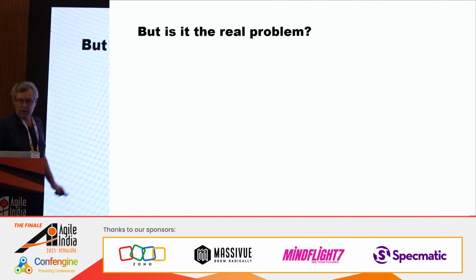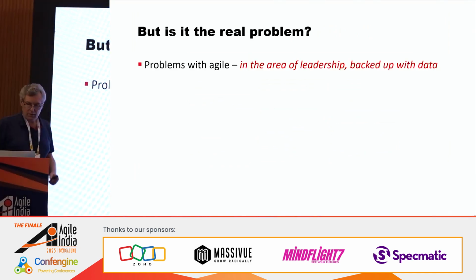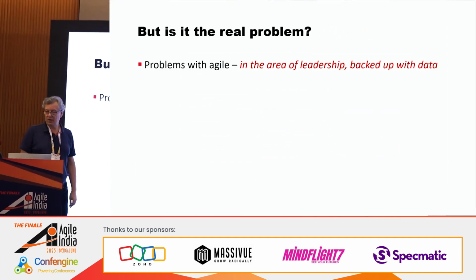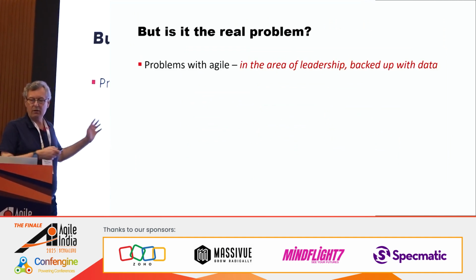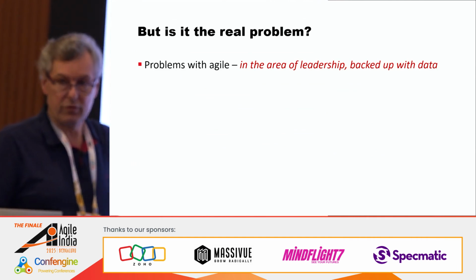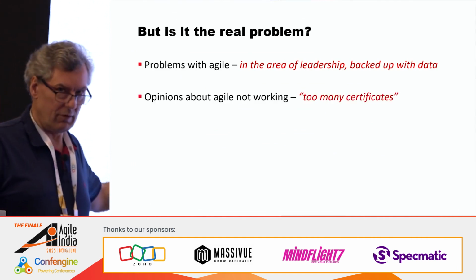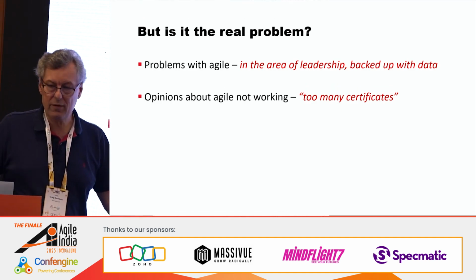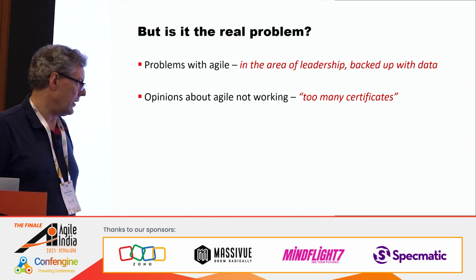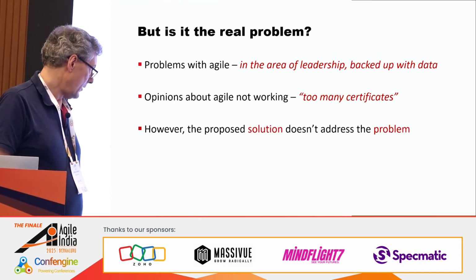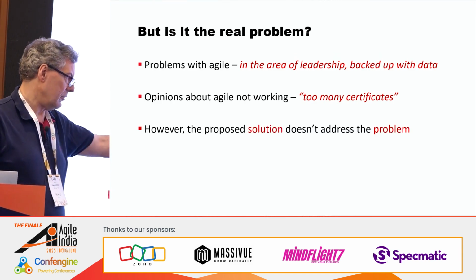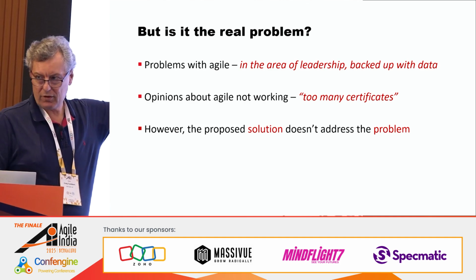But when we go back to what Scott was talking about, he was saying the problems with Agile, so I'll just say, we've got the data here about what's going on in Agile. But the opinions from Scott, which great opinion, but his opinion was there's too many certificates. However, that solution doesn't address the problem of leadership.